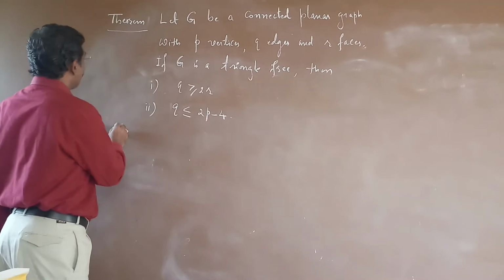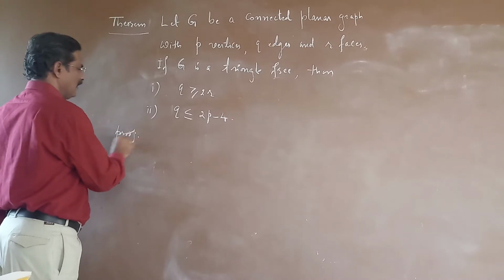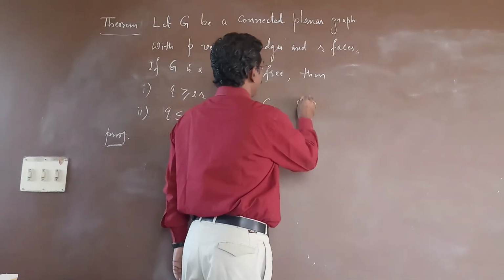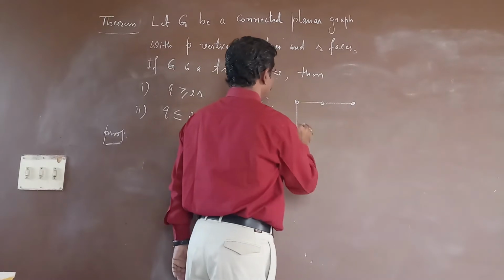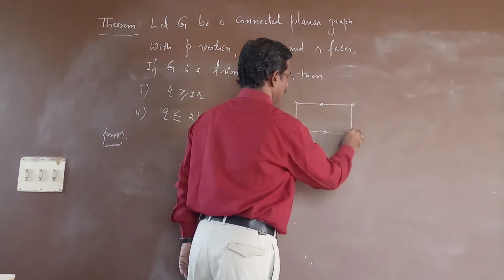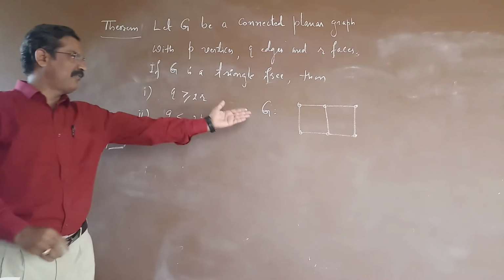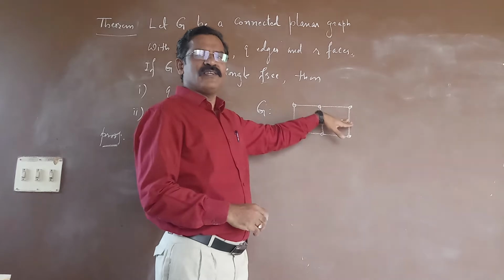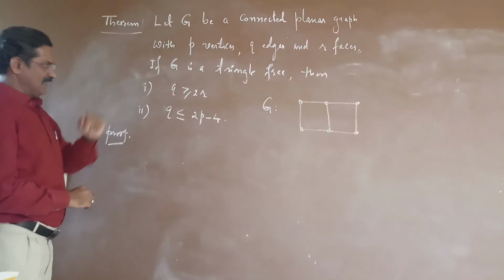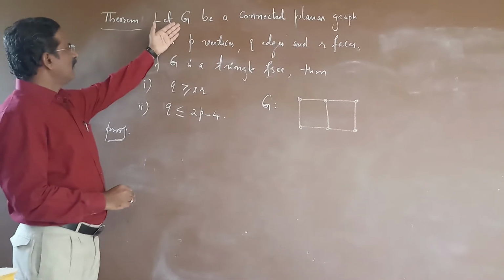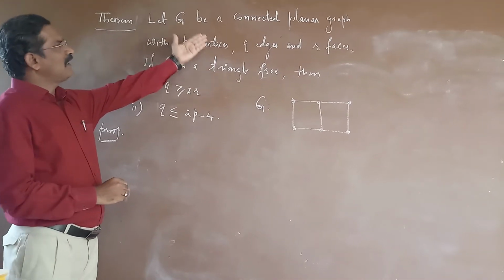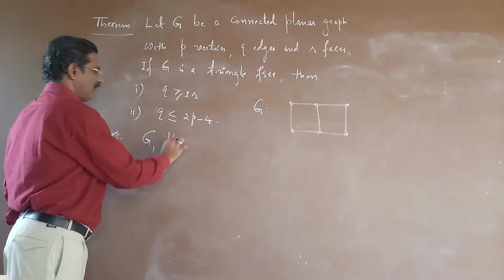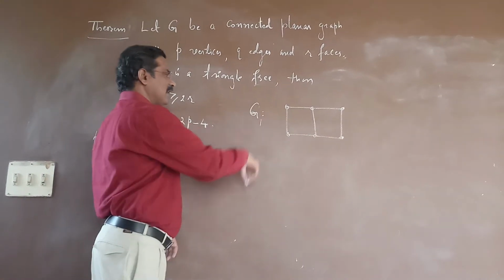For the proof of this theorem, we consider one graph which is triangle free. This is one graph in which there is no triangle at all. Every face is other than a triangle. What happens in that case? Again, let G1 be a plane graph of the planar graph G. For example, this is the plane graph.